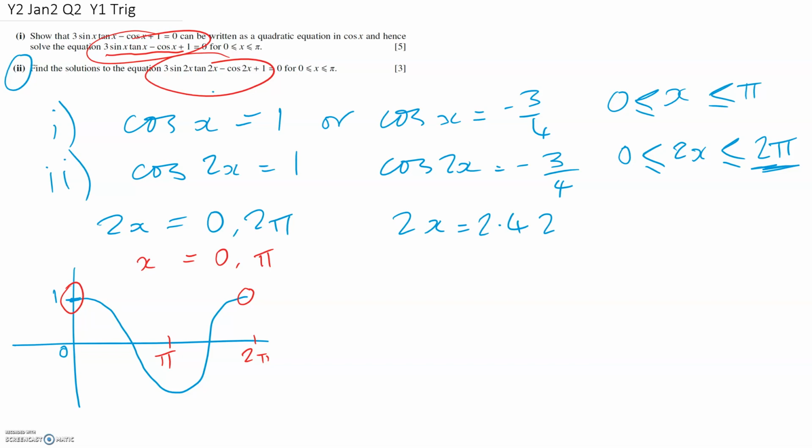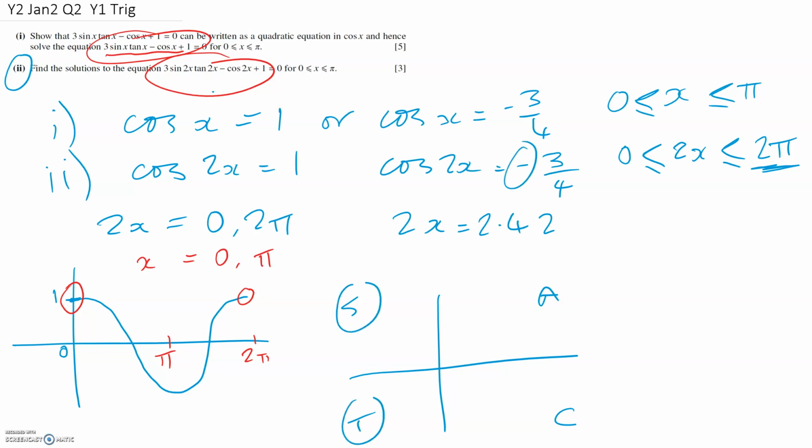I like to do a CAST diagram for these. So my CAST diagram looks like this. You can see that cos is negative here, so we're going to end up with lines in this quadrant and this quadrant. This is pi over 2, this is pi, this is 3 pi over 2, and this would be 0 or 2 pi. So 2.42 will be over in this quadrant.